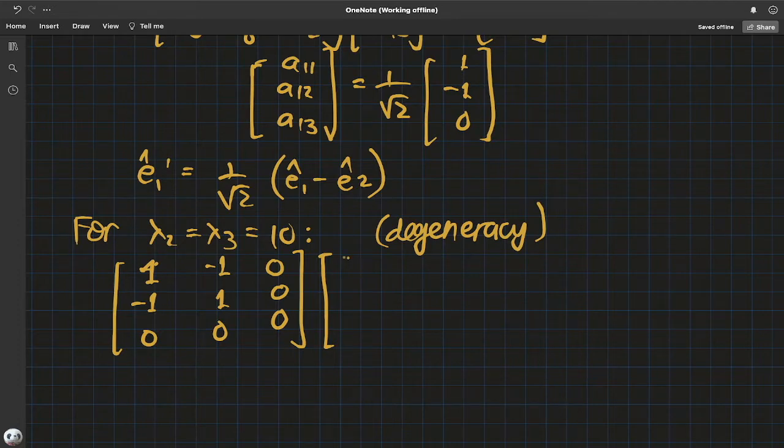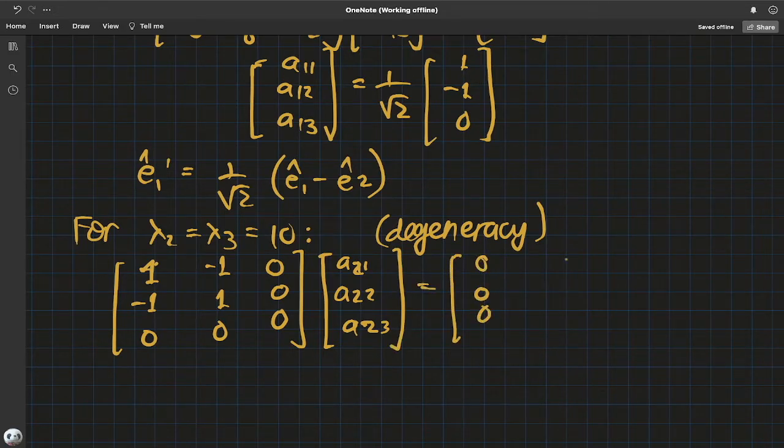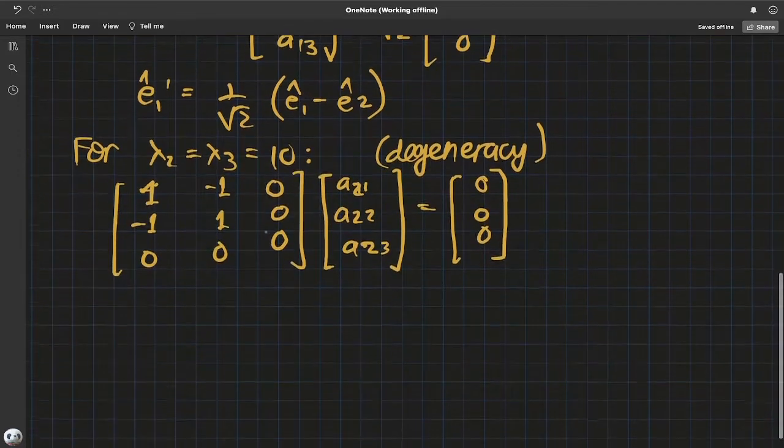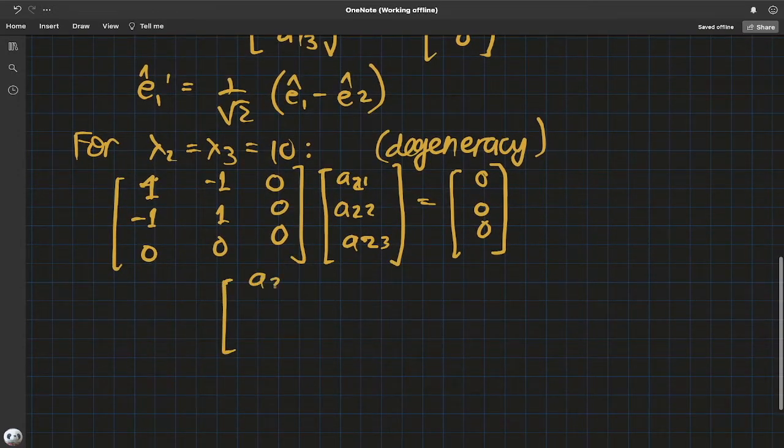We have A21, A22, A23. Well, it's actually pretty clear in this case what the second column of matrix A is going to be.